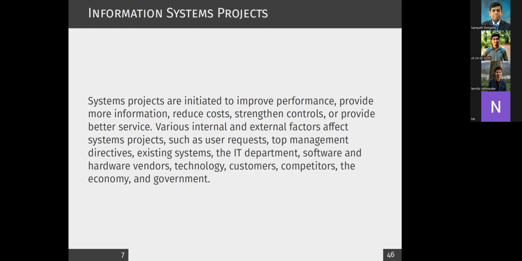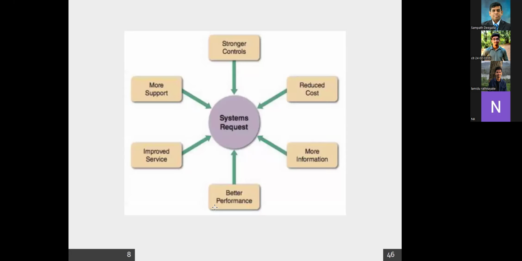So here is the list. You have user requests, top management directives, existing systems, IT departments, software and hardware vendors, technology, customers, competitors, economy, government. All of these can be the factors. Right.